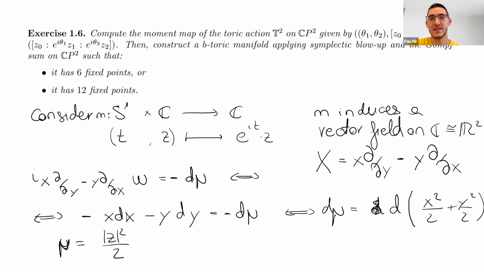And let's see now what happens in the case of two rotations acting on two coordinates of the complex projective space in homogeneous coordinates. That is what we are looking for. But first, let's do the same, but now with a two-torus acting. Let's do it in C3, not the complex projective plane, sorry, in order to see that the same happens.